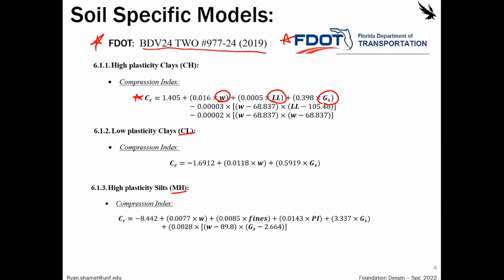They require a lot more input and they're not pretty equations, but they're much more accurate because they're designed for the actual soil at the site and not the entire soil throughout the entire US. So again, keep this in mind if you come across this when you start working, because even if you don't work in geotech, you're going to work with geotechs and you'll probably eventually see some consolidation reports or something. Just know where that information comes from.